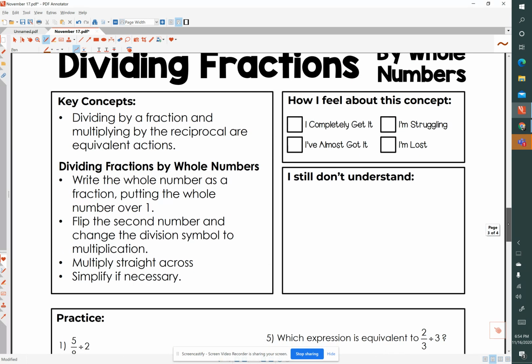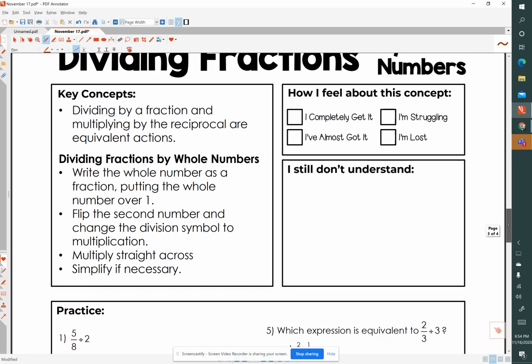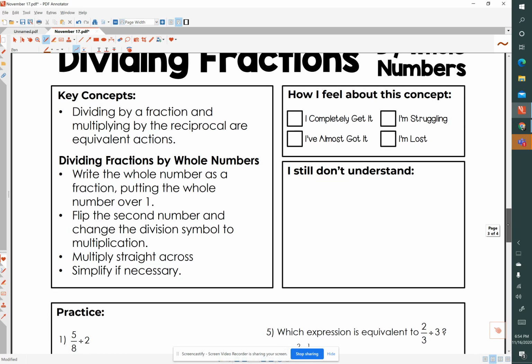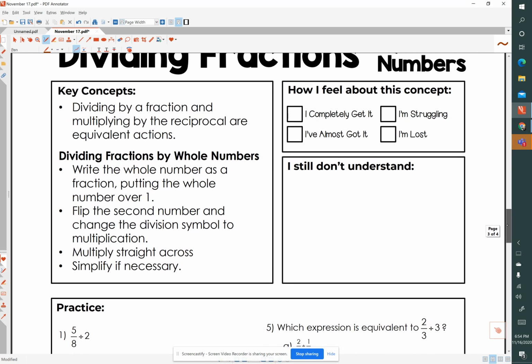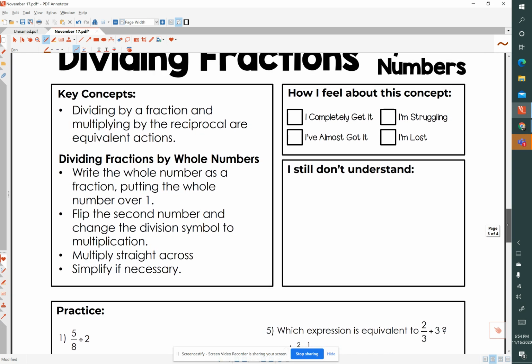So we're going to be dividing fractions. We're going to divide fractions, fraction by fraction, and we're going to divide fractions by whole numbers. So in our first assignment, we're going to divide fractions by whole numbers, okay? And we're going to do that by multiplying by something we call the reciprocal.